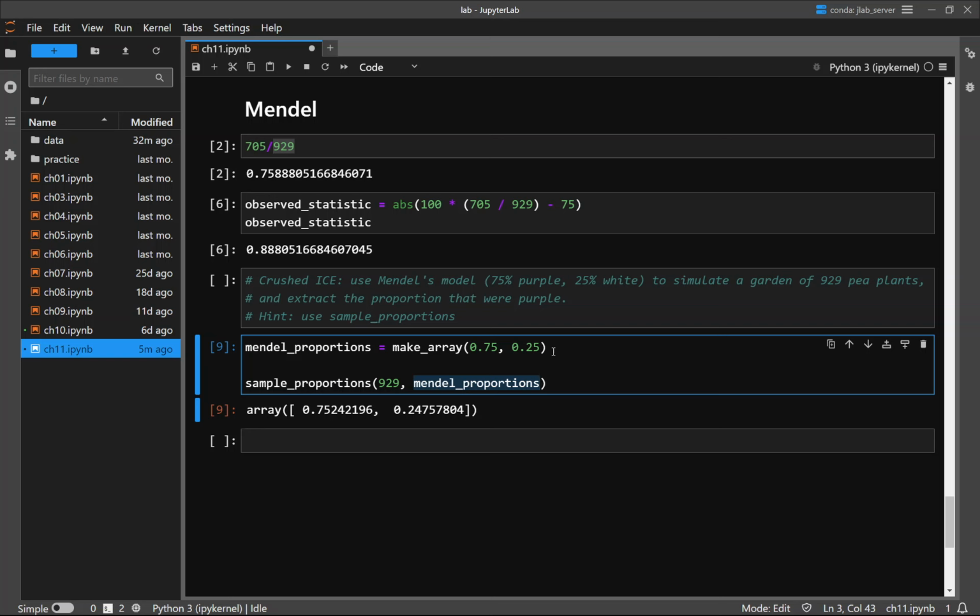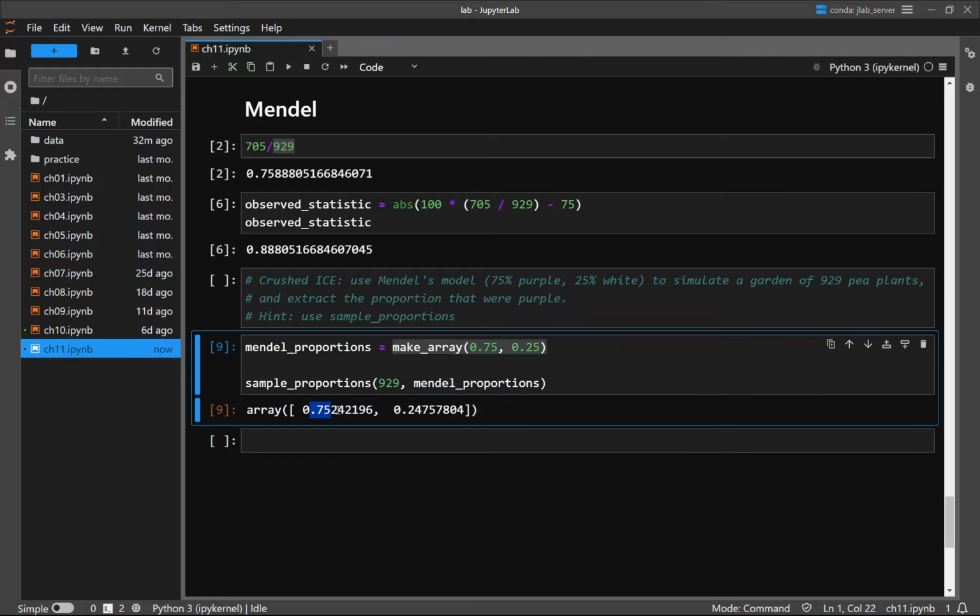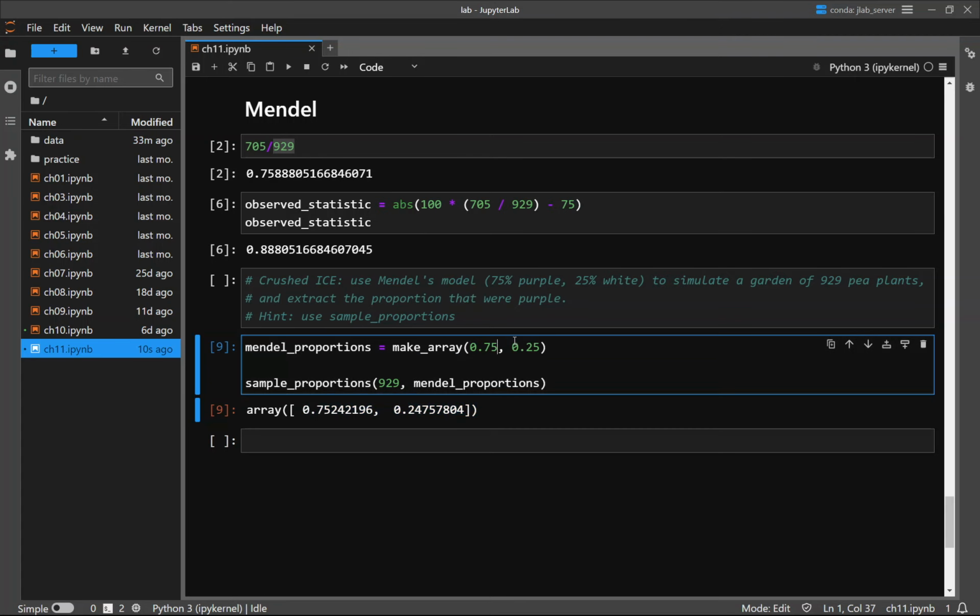It's not always going to be perfectly 75-25, but randomly it's going to pick with that percentage, and sometimes there'll be a little bit more white plants, like more than 25, less than 25. Sometimes there'll be more or less purple plants as well, and it'll go with the order that you give it. So 75 first meant that purple is the first percentage, and 25 second means that white was the second percentage. Does that make sense what we're getting out of here?